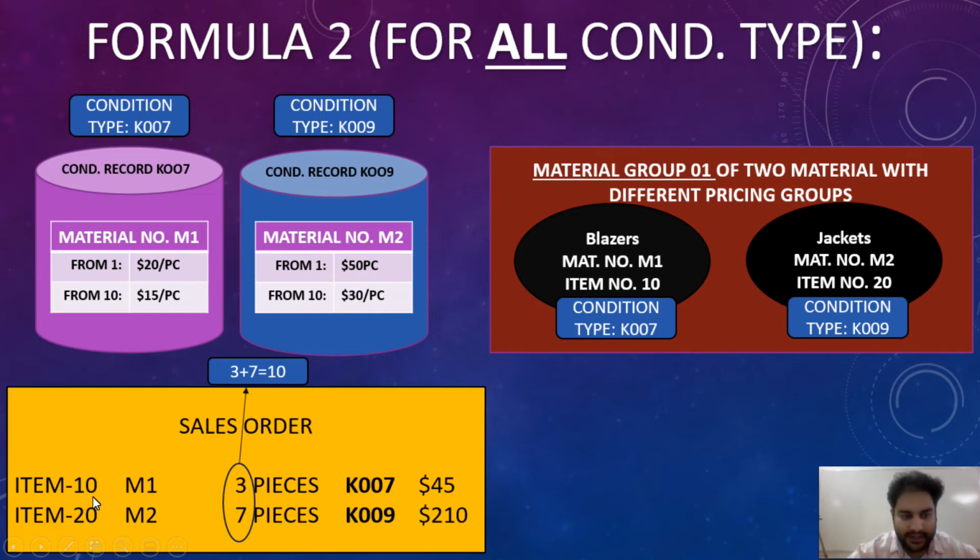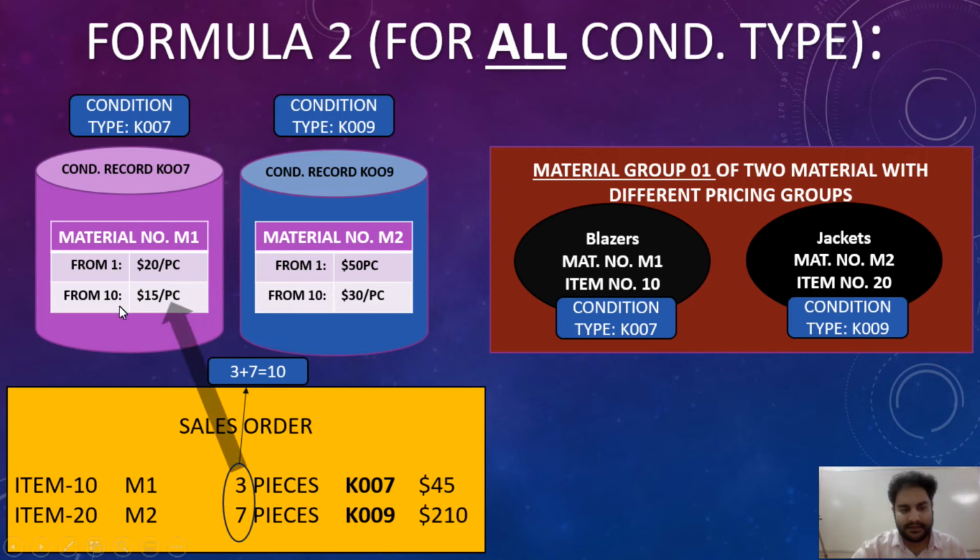Now for item number 10, the condition type is K007. That means for these 3 pieces we will see this condition record, and for these 7 pieces we will see this condition record. But we will consider total order quantity while pricing. So for these 3 pieces, the condition that should match here is from 1 to 9, that is $20 per piece. But no, as it is a group condition, we will take into account the total order quantity.